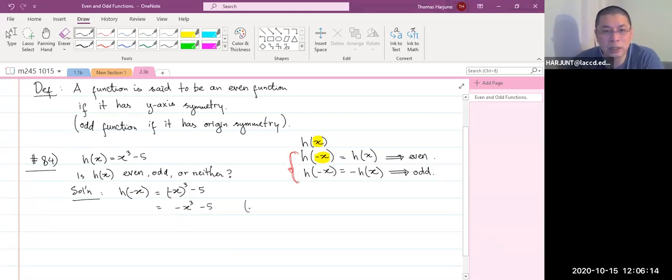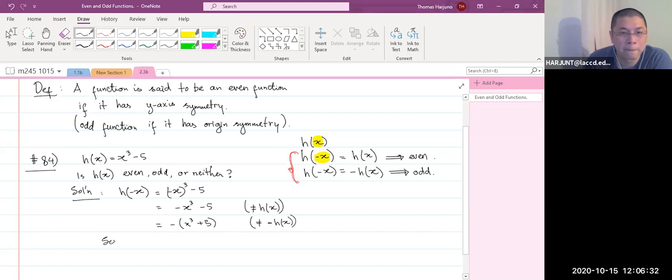This is not equal to the original function. Even after you factor the negative out, that's still not equal to the opposite of the original function. So h of x is neither an odd nor an even function.